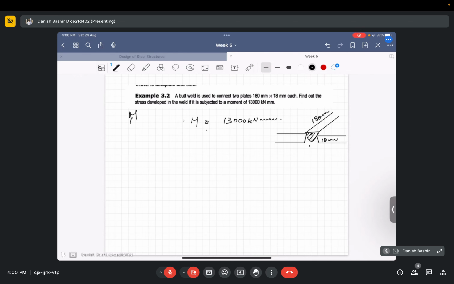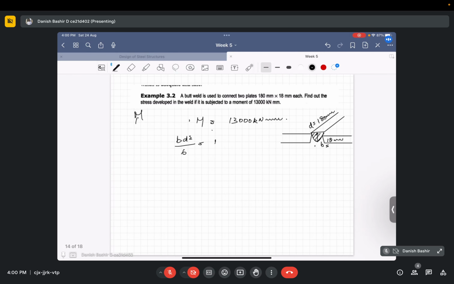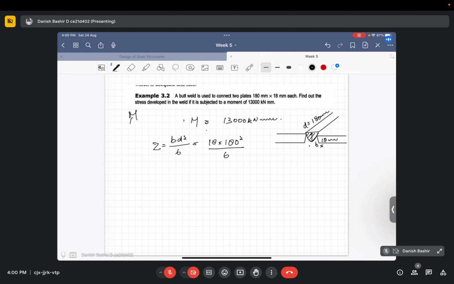If we take the section modulus of this butt weld section, the section modulus will be BD square by 6. Here B is 18 and this is D. So 18 times 180 square divided by 6 gives the section modulus Z of the butt weld, which comes out to be 97.2 times 10 to the power 3 millimeter cube.